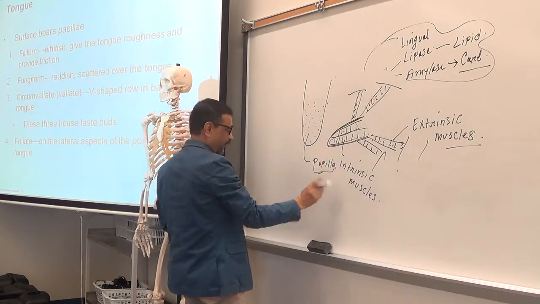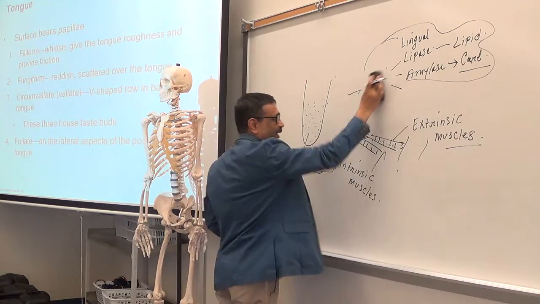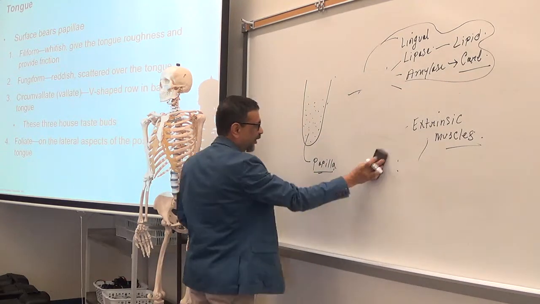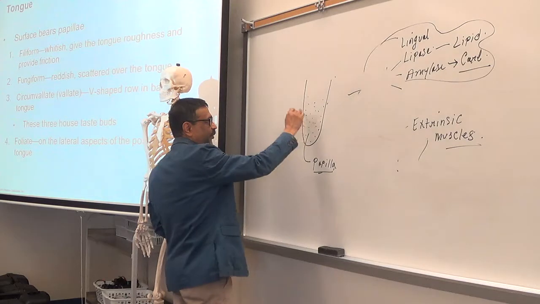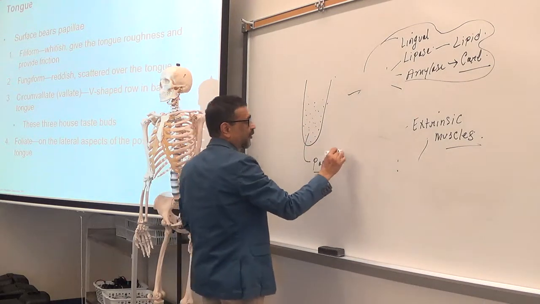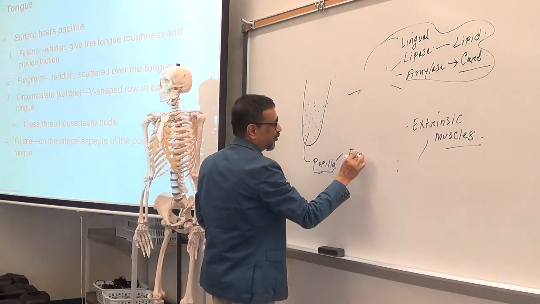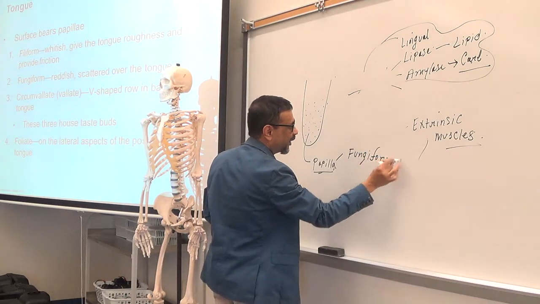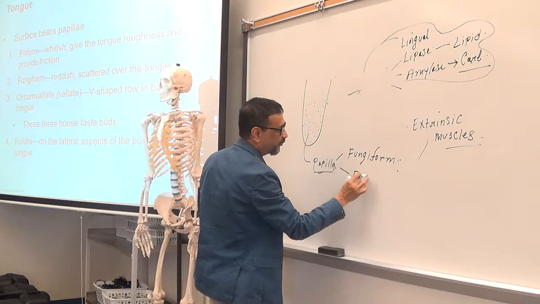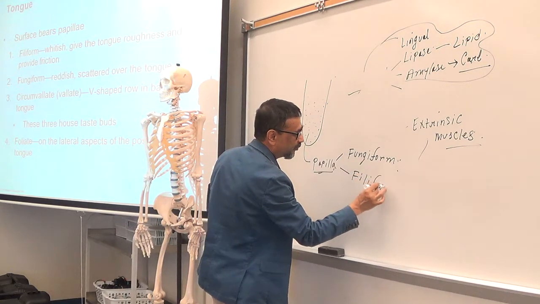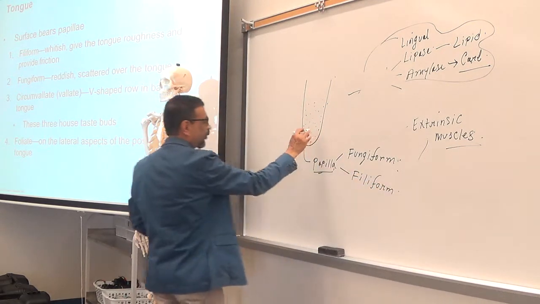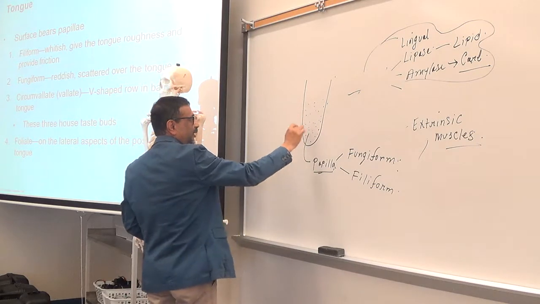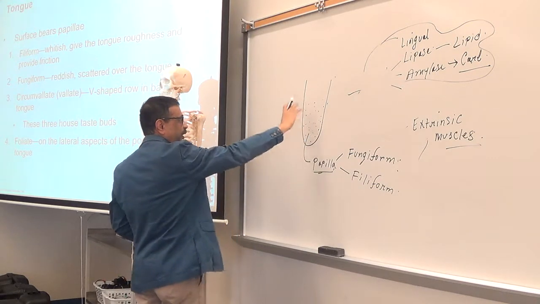Two types of papilla are there. They are distributed throughout the front part of the tongue. Fungiform papilla and filiform. So these two types of papilla are everywhere in the front part of the tongue.